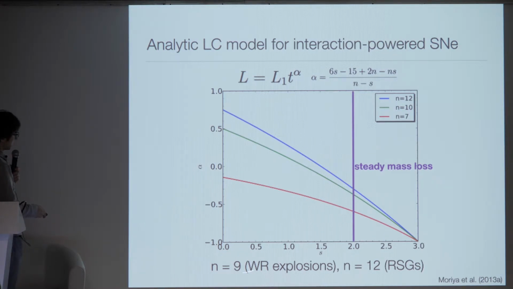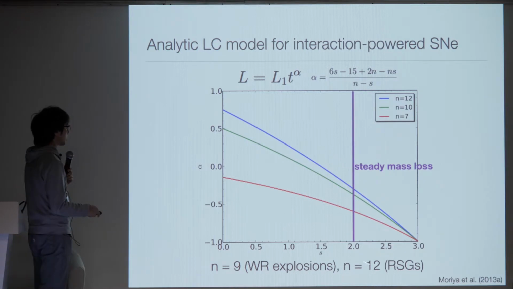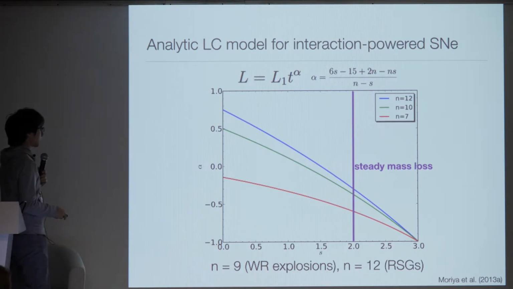Let's say n of 10 or 9-ish is obtained for a Wolf-Rayet star, so a compact star explosion. And for a red supergiant explosion, we typically get n equal to 12. So that's the difference you see here.